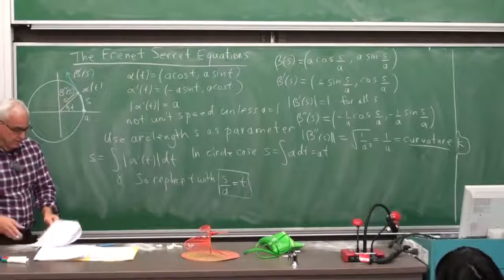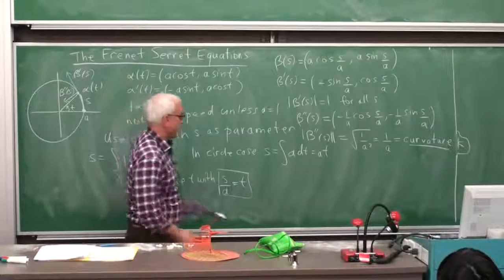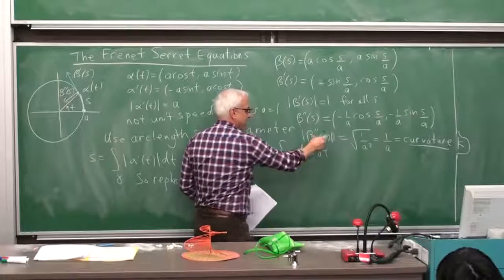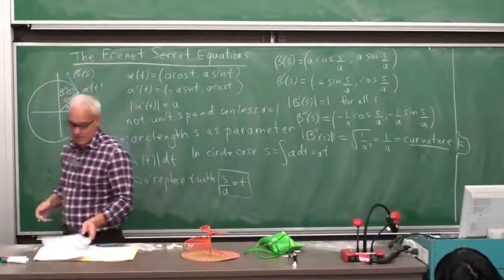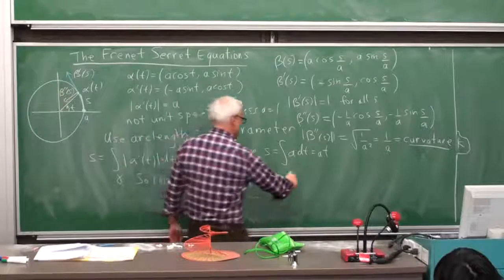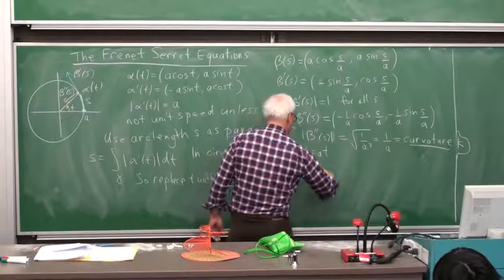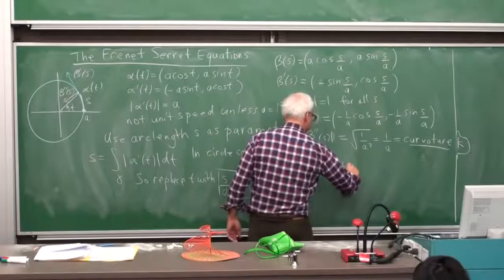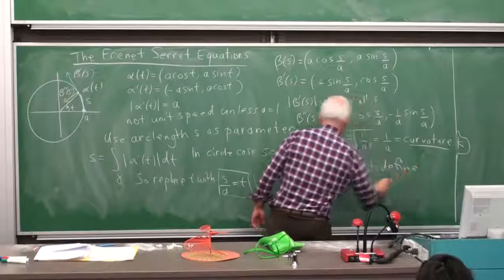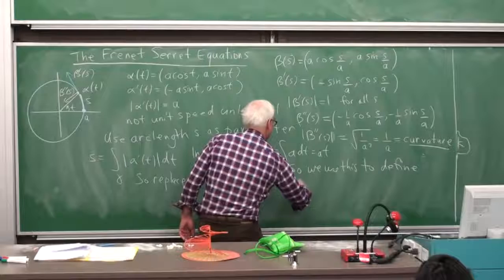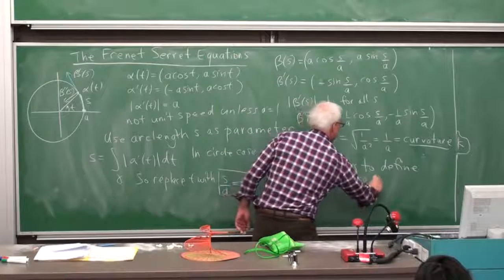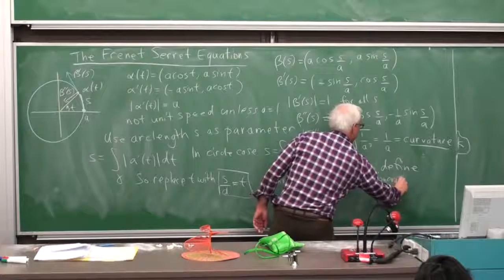So this motivates us to think of the size of the acceleration vector as being how we can define curvature in a more general setting. So we use this to define curvature for more general curves.